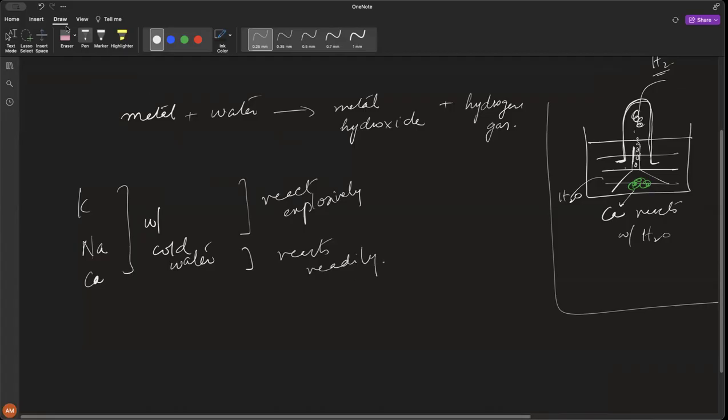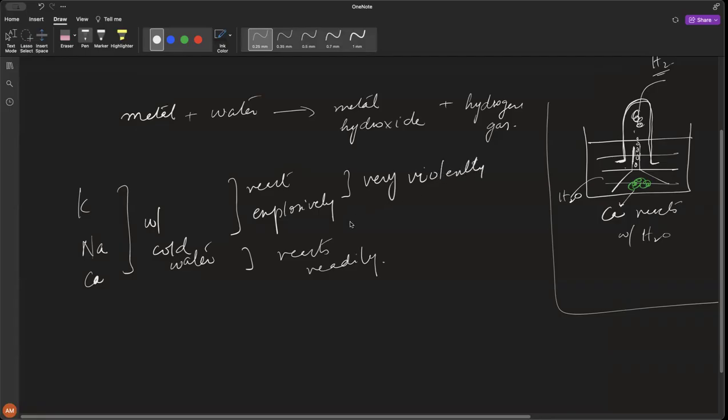Rather, I would want to say that the best way: both of them, sodium and potassium, react explosively. But potassium reacts very violently.